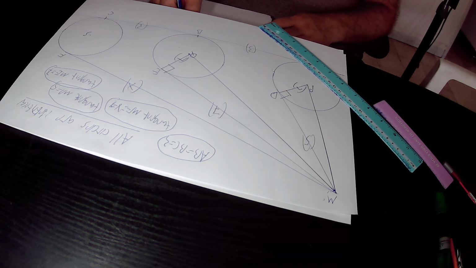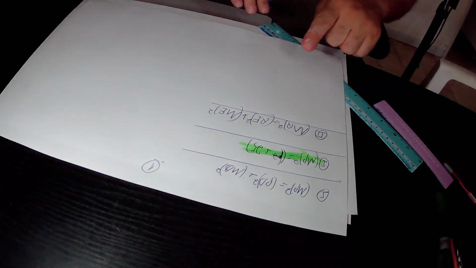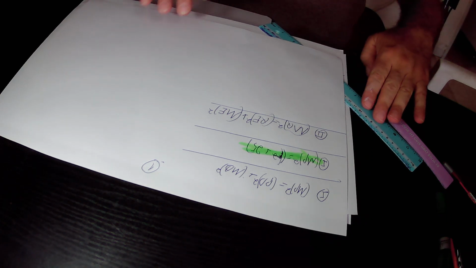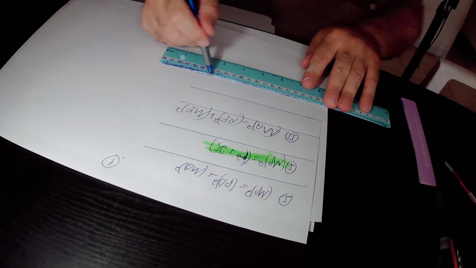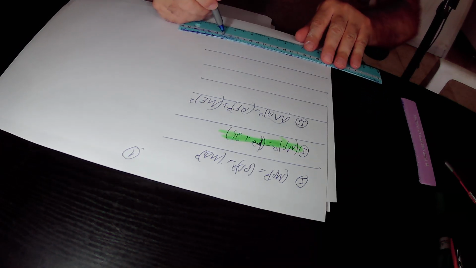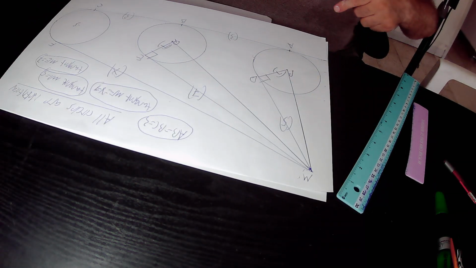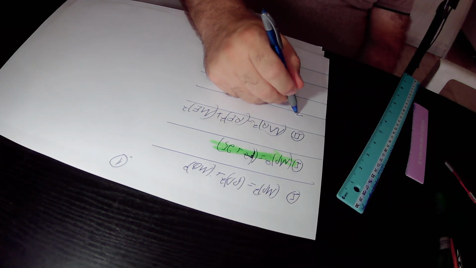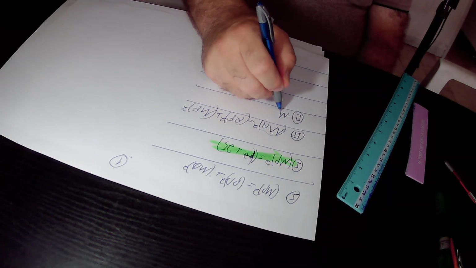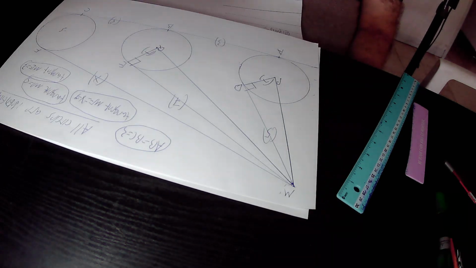Repeat again, according to the Pythagoras theorem, in this right triangle MQE, MQ squared equals QE squared plus ME squared. MQ is the missing side, so we leave it as it is. So it is MQ squared equals QE squared.